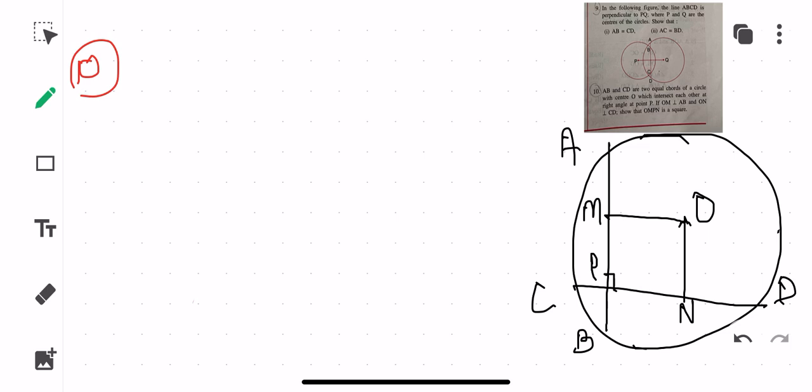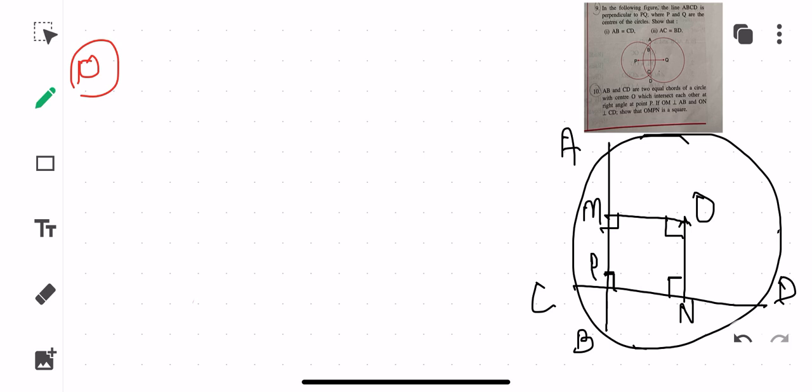So this is your figure. Children, if you see here, this is also 90, this is also 90, this is also 90. So if all the angles are 90 degrees, you can conclude that this can be a rectangle, because for a rectangle all the angles are 90 degrees. But then you have to prove that it is a square.